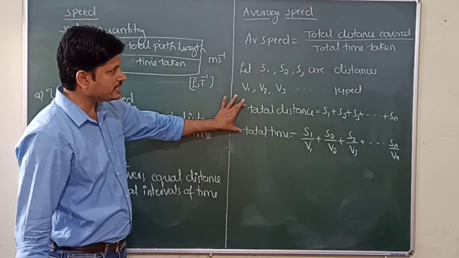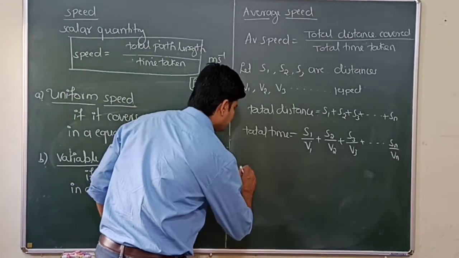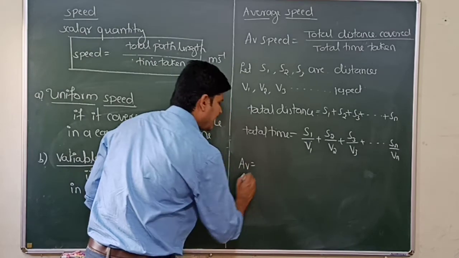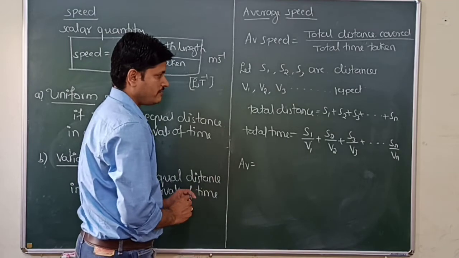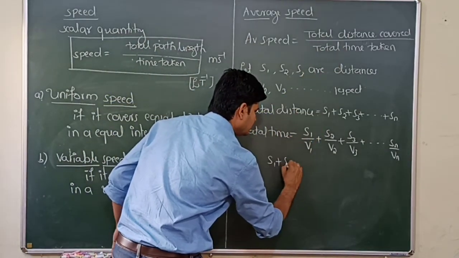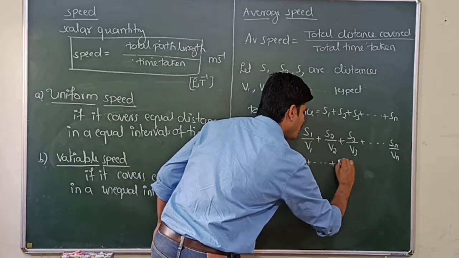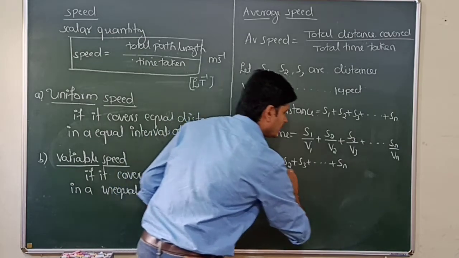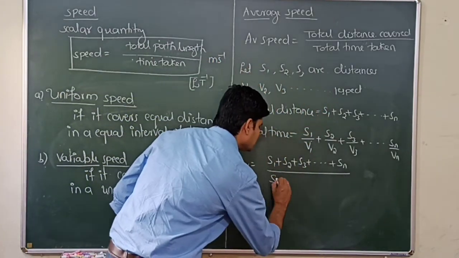Now substitute these two values into this equation. Then the average speed, I will represent this as AV. The total distance is what? S1 plus S2 plus S3 plus so on Sn, whole divided by what?